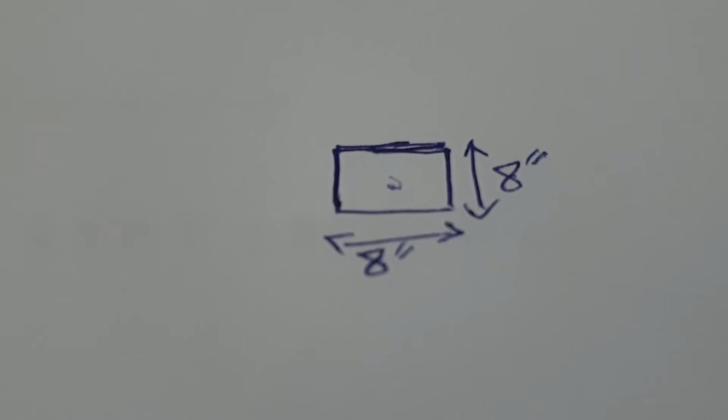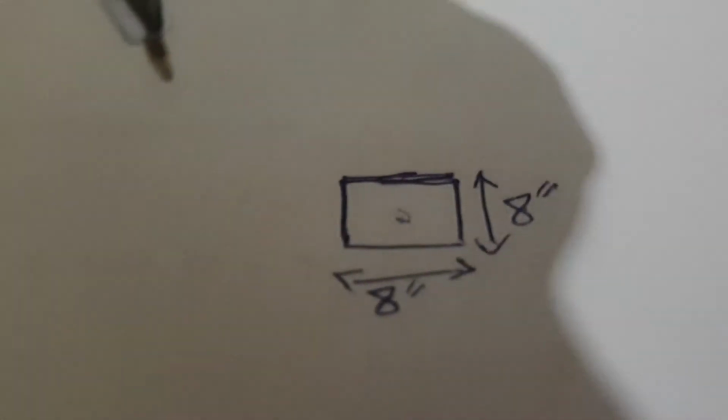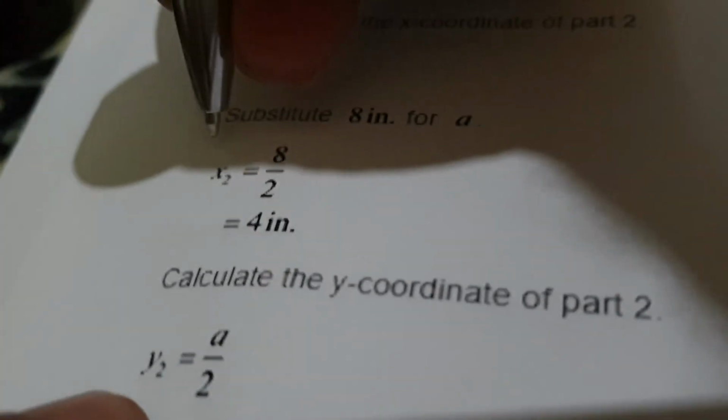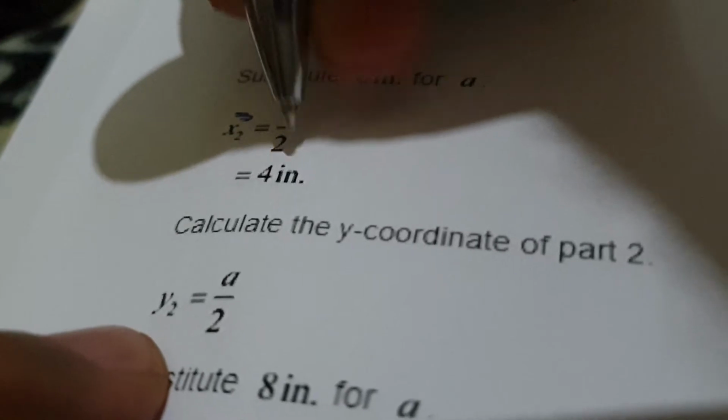So the centroid is in the center of the square, 4 inch from the y and 4 inch from the x. Let's call this number 2. X bar is 4 inch and y bar is also 4 inch. So now we found the area of the first one with x bar and y bar, and the area of the second one with x bar and y bar.